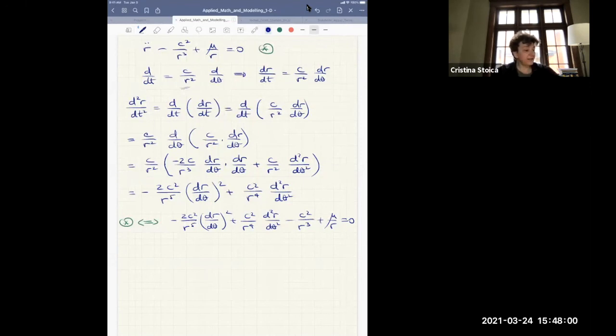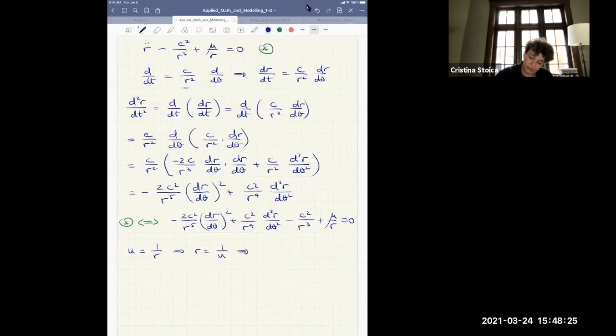And now they say, in the exercise, introduce u is 1 over r. So this means that r is 1 over u.